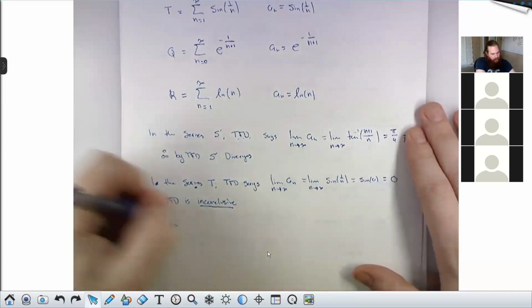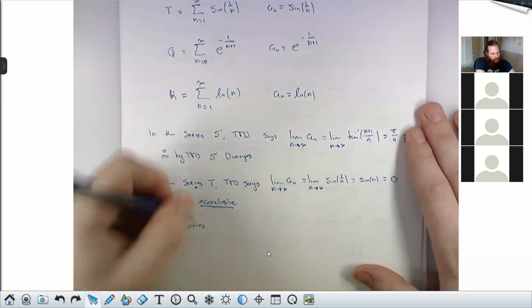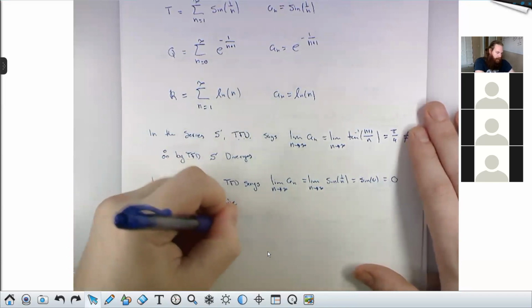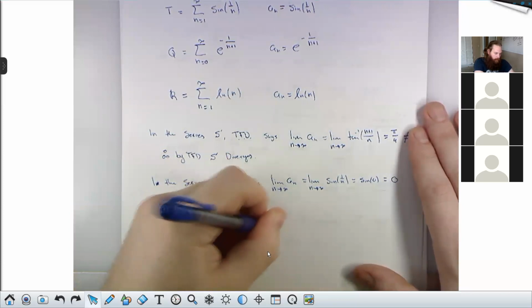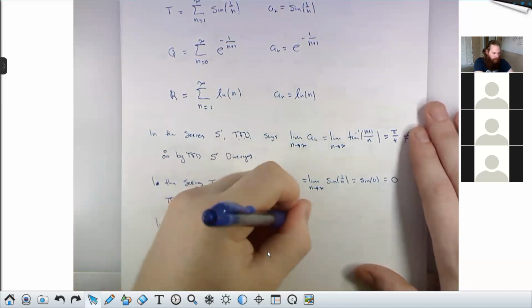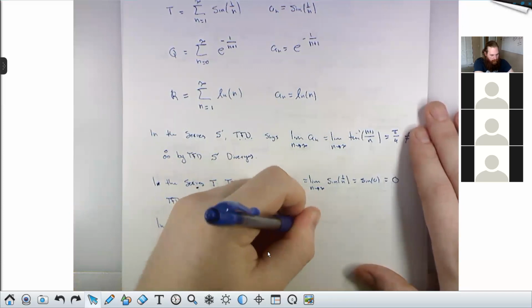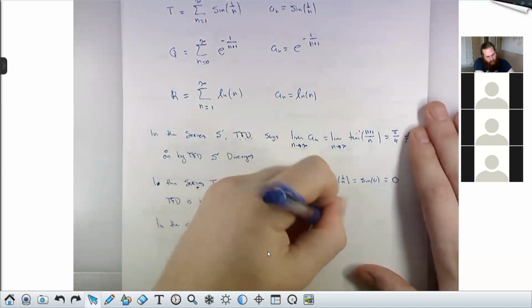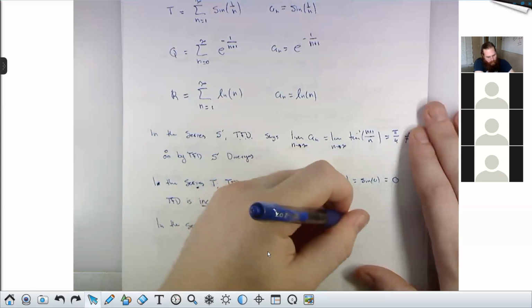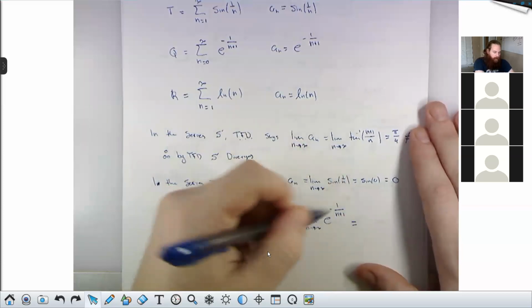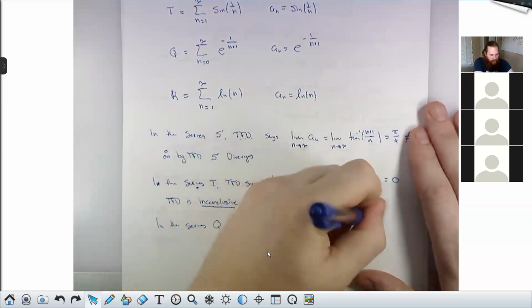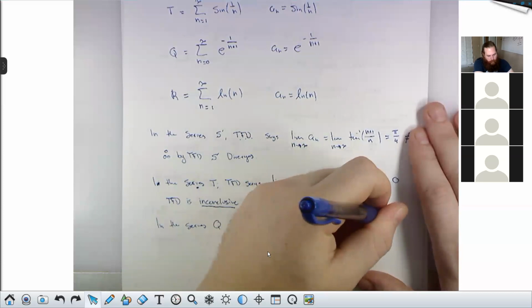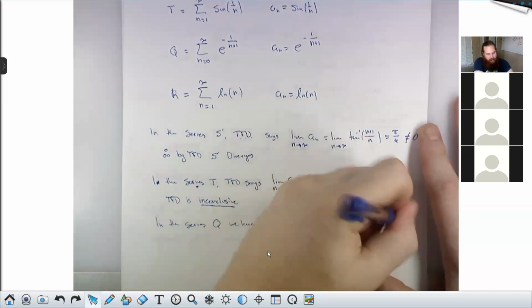In the series Q, we have the limit as n goes to infinity of AN is the limit as n goes to infinity of e to the negative 1 over (n plus 1). As n goes to infinity, this power goes to 0. So this is e to the 0, which is 1. And that's not 0.